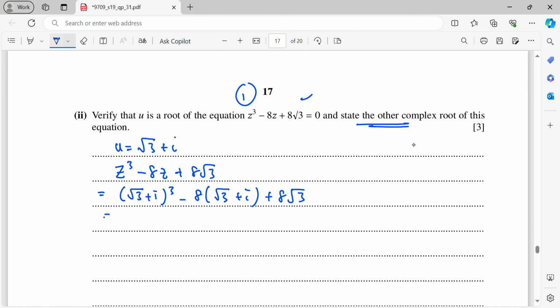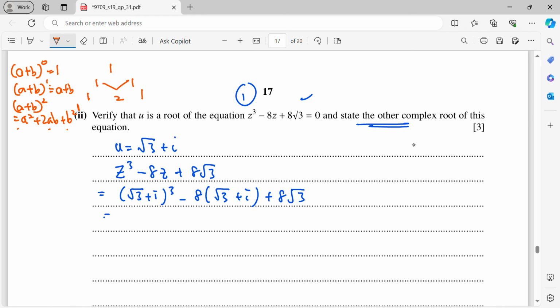Okay, so for the cube, we need to do expansion. That is the Pascal triangle, if you heard this before. So we know that (a plus b) to the power 0 is 1, so the coefficient is 1. (a plus b) to the power 1, I'm getting a plus b. The coefficients will be 1 and 1. So the next one will be 1 and 1, and then the middle term is 2, because (a plus b) squared, you are getting a squared plus 2ab plus b squared. So the coefficients will be 1, 2, and 1.